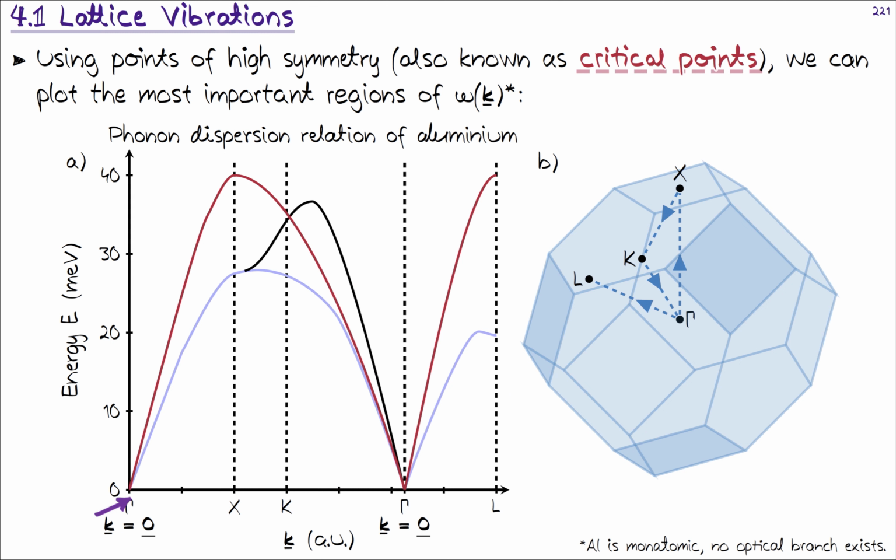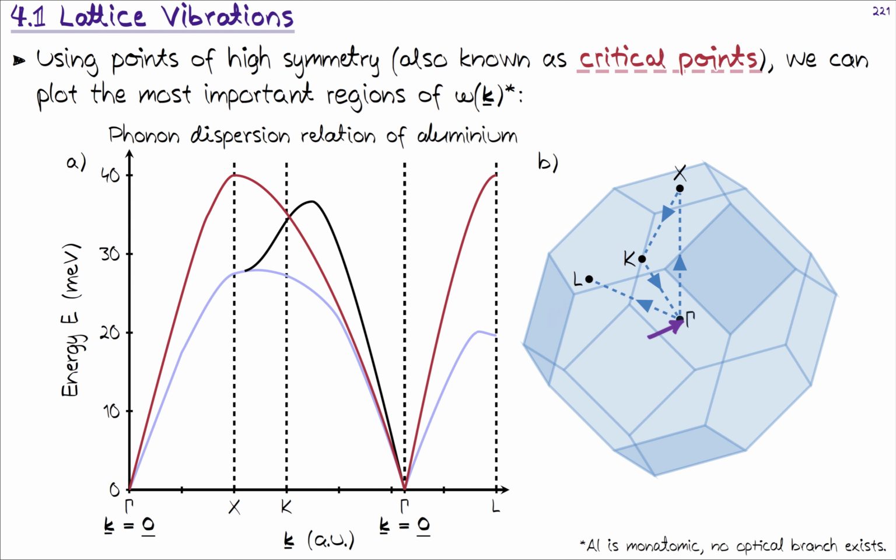So for example, what we are now drawing in this dispersion relation is that we are first of all going from the gamma point, from the origin, from the center of the Brillouin zone, to the X point. This part tells me how the dispersion relation looks along that line.